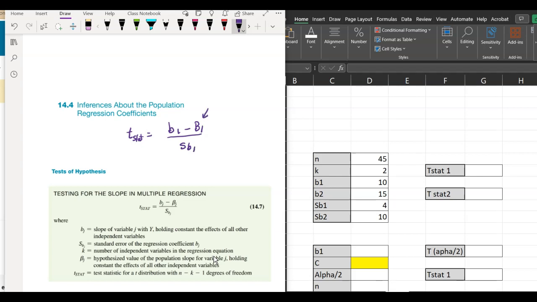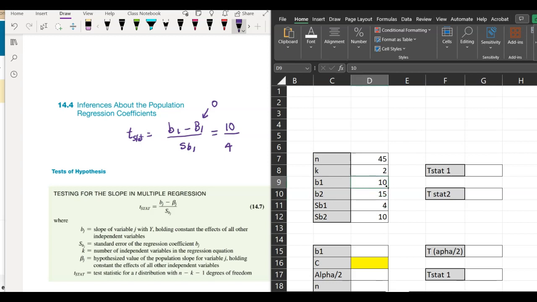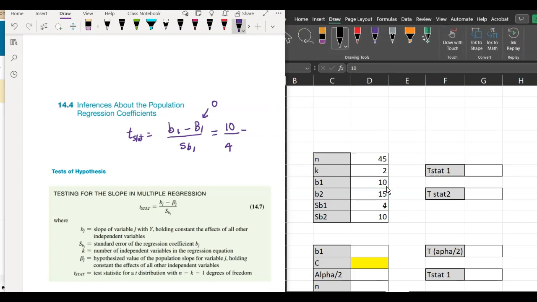Now you have to consider beta j always 0. So this will become just 10 divided by 4, 10 is over here and 4 over here. So this is going to give you 2.5.